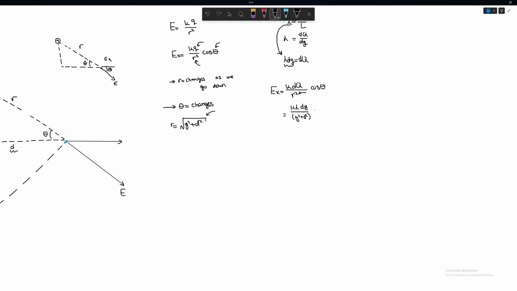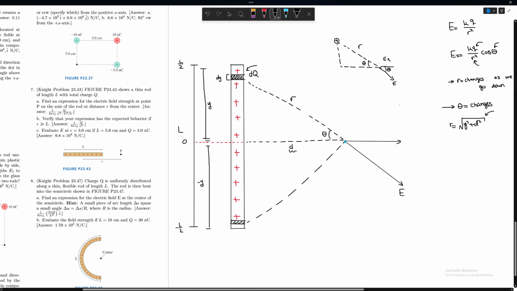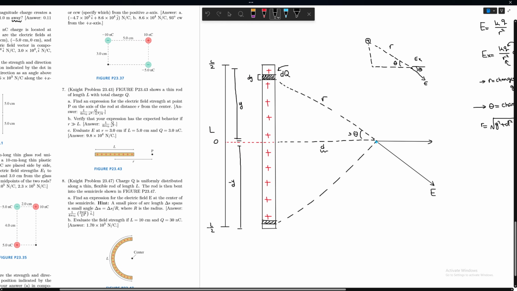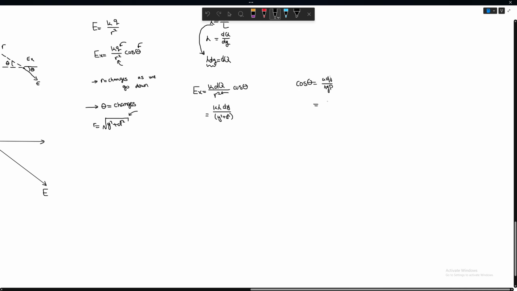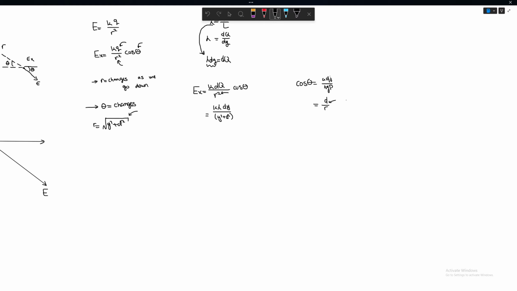Now, what about my cos? Well, I know cos theta equals adjacent over hypotenuse. So what's my adjacent, what's my hypotenuse? Well, if this is my theta, my adjacent is d and my hypotenuse is r, so let's plug those in. Well, we have d and we have r. D is a constant, so that's fine.